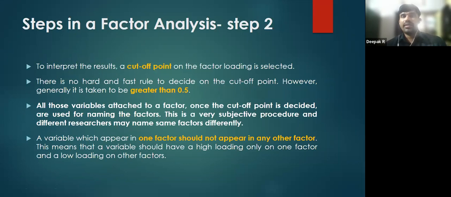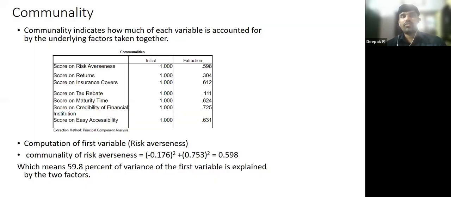What we generally follow according to the literature review is, if we have to select the variables to be part of a factor, we go for some cutoff point, which is subjective, but we have to have very strong evidence from the literature review also. If I assume here that any variable which is greater than 0.5, those are the variables which will be part of the first factor.